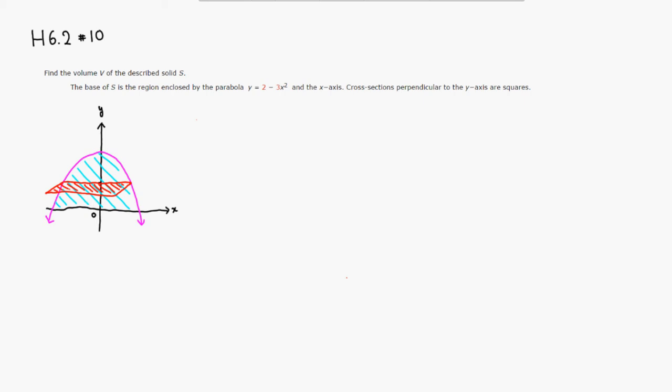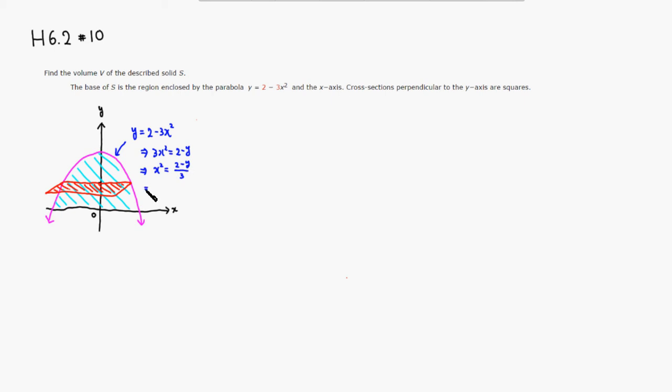If you look at the equation of this parabola, y equals 2 minus 3x squared, we can simply solve for x. 3x squared is equal to 2 minus y, and dividing by 3, x squared is equal to (2 minus y) over 3.